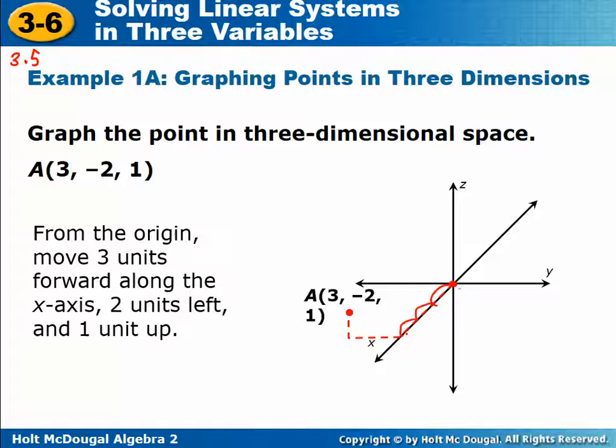And then you move -2 left, because we're going to -2 on the y, so 1, 2, and then we would go up 1 unit because our z is the vertical one to us in 2 dimensions, and we would move 1 up, and then this would be our point right here. It's quite tricky to picture for many of us how that is in 3-dimensional space, but with shading and such, there's ways to make it look a little more 3D.